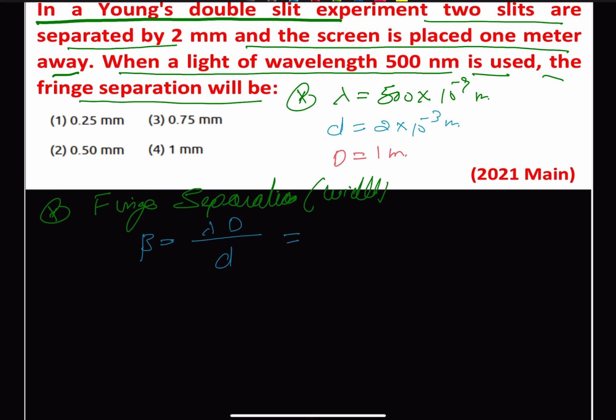We get 500 into 10 to the power minus 9 into 1, and small d is 2 into 10 to the power minus 3.